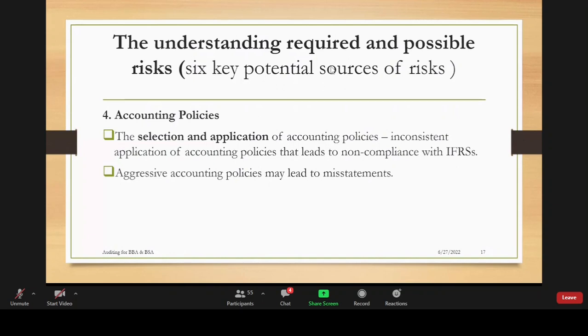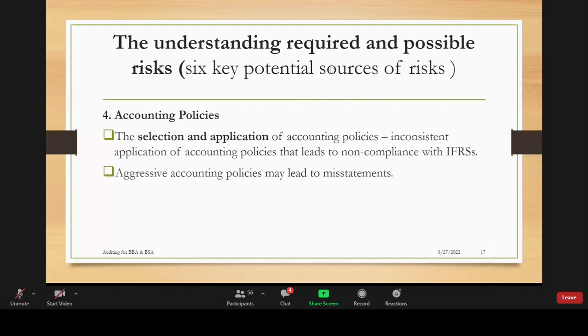I believe you know that accounting policies are organization-centered, whereas accounting principles are universal. Accounting policies are specific to a particular entity, and it is the management of a company that decides on the accounting policies they want to apply. Now, the issue comes in on applicability and consistency in applicability.